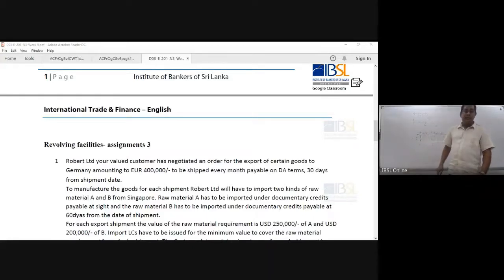Since the LC is a user's LC, the bank has to grant an acceptance facility.